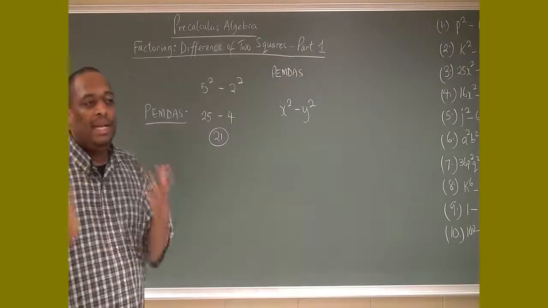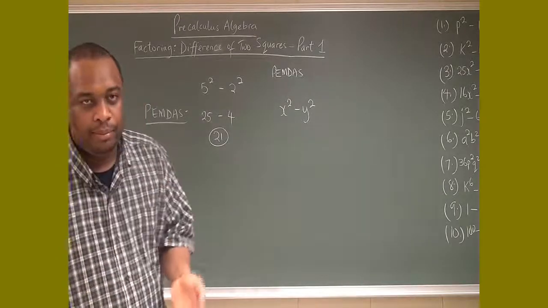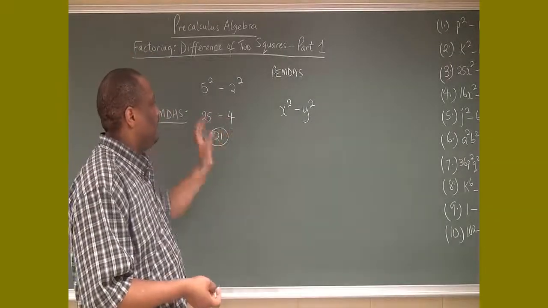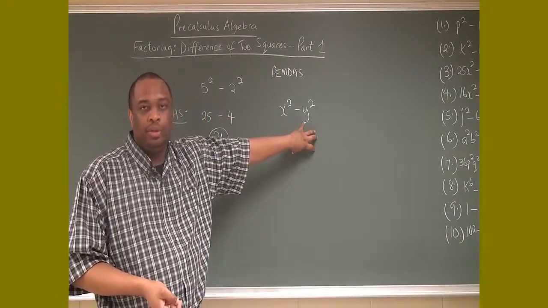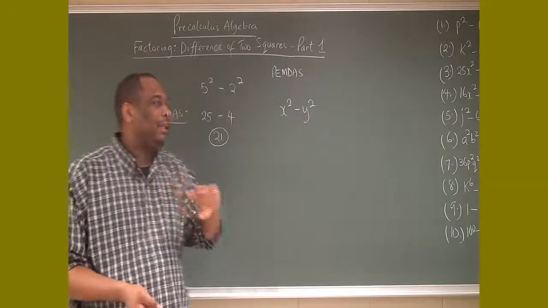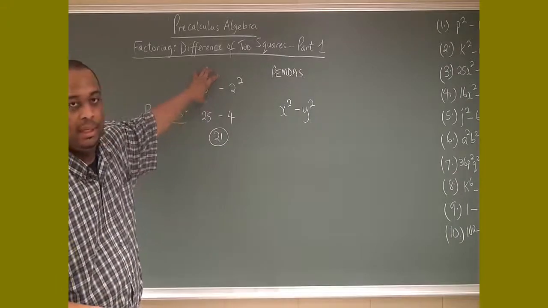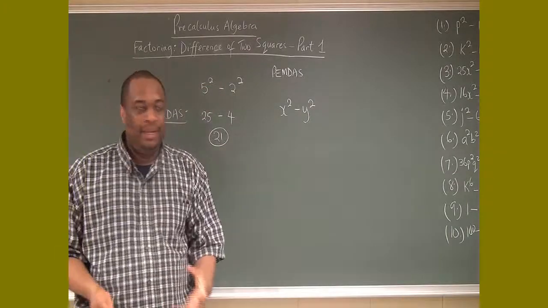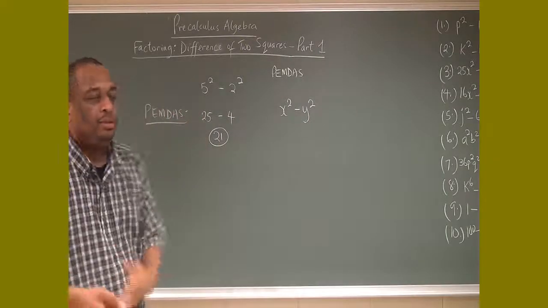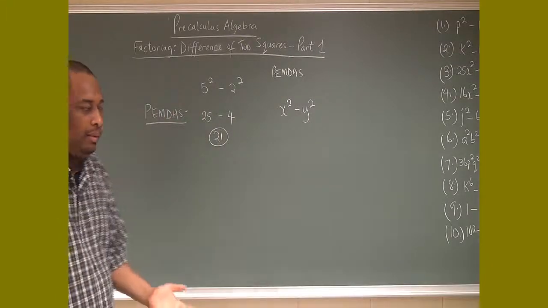So now, mathematicians came up with the question: is there any other way we can solve this kind of question so that we can apply that method to algebra? That was when the difference of two squares method came up.